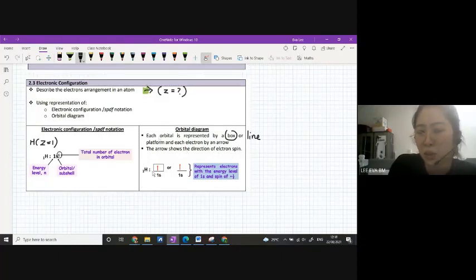In this case, use the symbol for hydrogen. Either you use a box or a line, the arrow represents 1 electron. 1 arrow, 1 electron. Sometimes you can see a full arrow, sometimes a half arrow. For the later syllabus, we prefer you to use the full arrow.